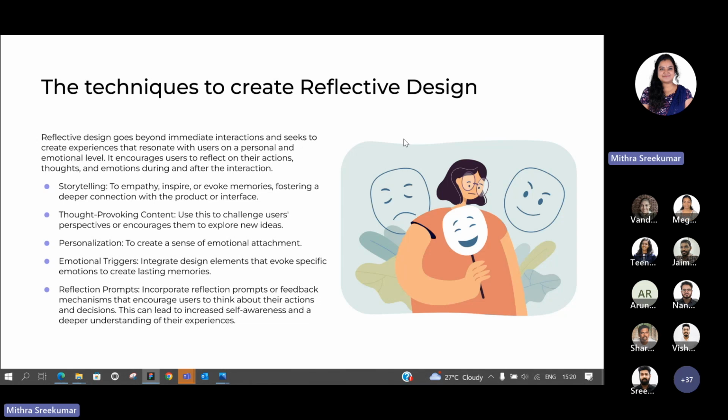And also the personalization that we can give evokes that emotion of attachment in the user. Also reflection prompts can be given, like feedback of certain actions that we have already done, so the user will get a feel of deeper understanding and getting connected to the application.